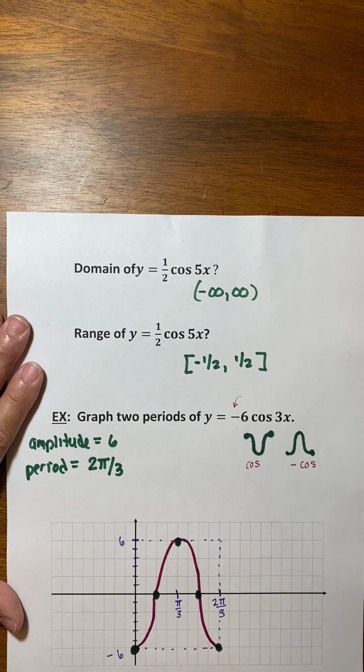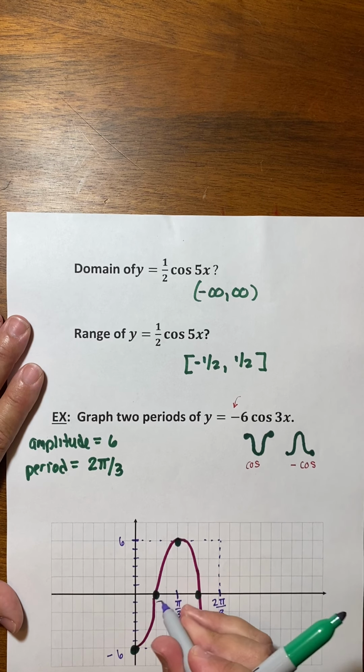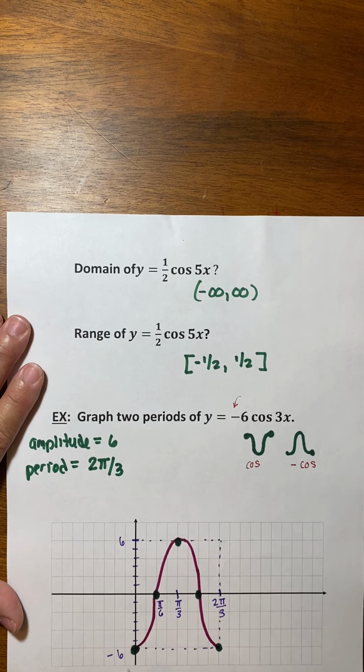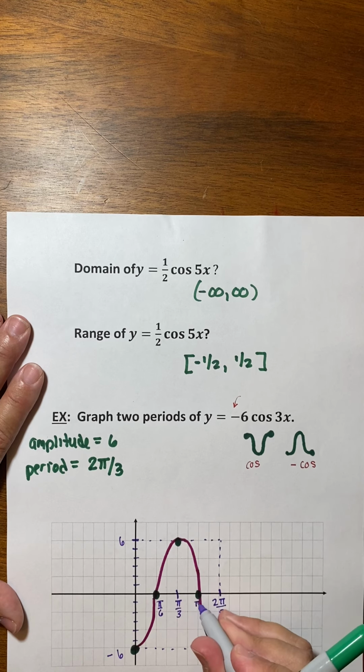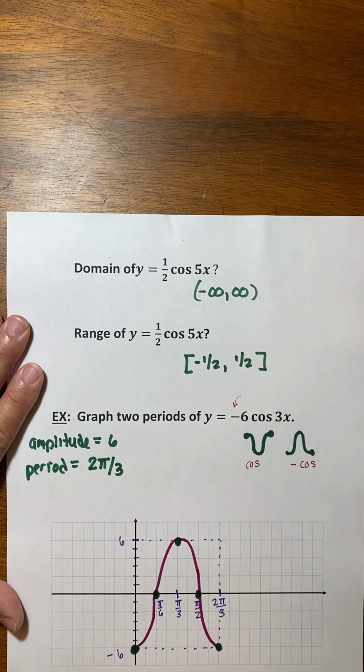And then these values, well, halfway between 0 and 2 pi over 3 was pi over 3. Halfway between 0 and pi over 3, well, half of pi over 3 is pi over 6. And now I just count by pi over 6's. 1 pi over 6, 2 pi over 6, which is pi over 3. 3 pi over 6, well, 3 pi over 6 is pi over 2. And that's 4 pi over 6, which is 2 pi over 3.